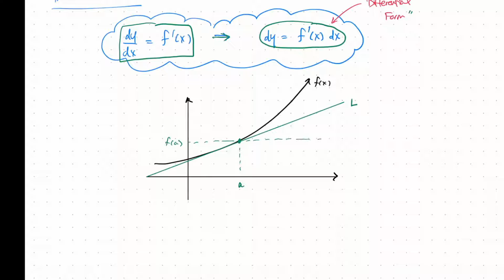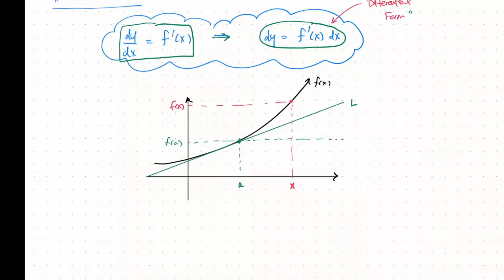If I carry this level through out here to some value x, so now this is out to some general value x that we'd measure past the point a. Well, what do I have here? I have the actual value f of x for that given x.